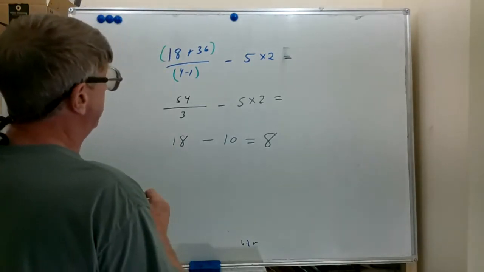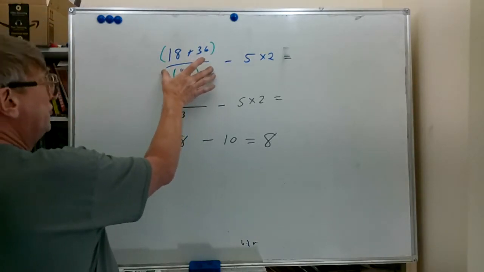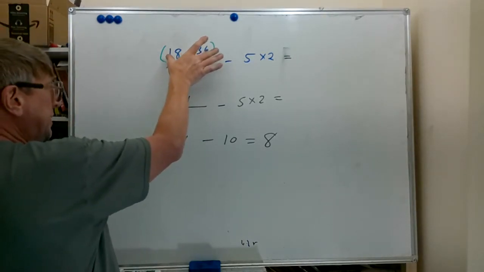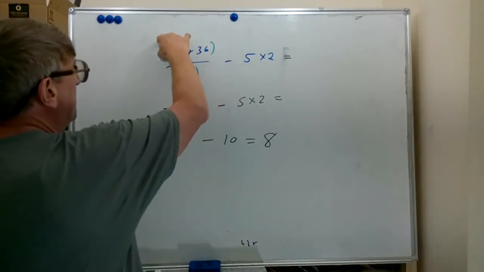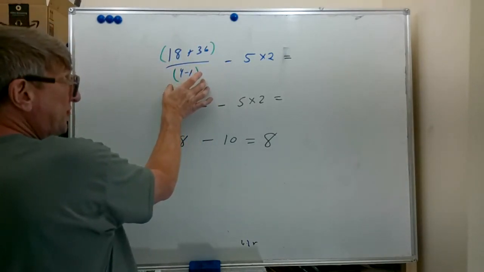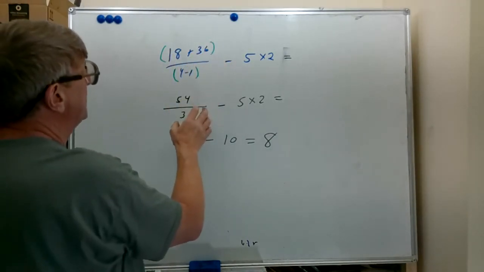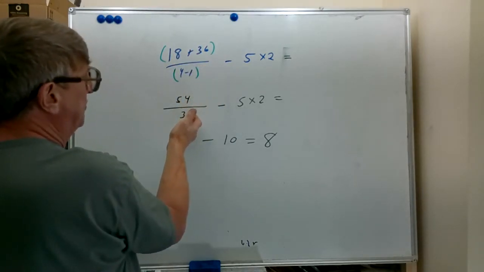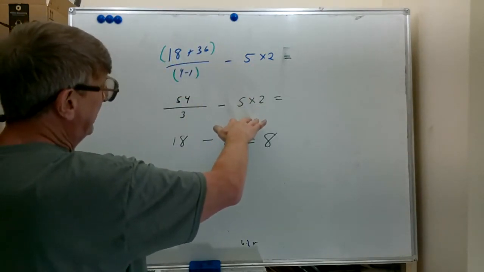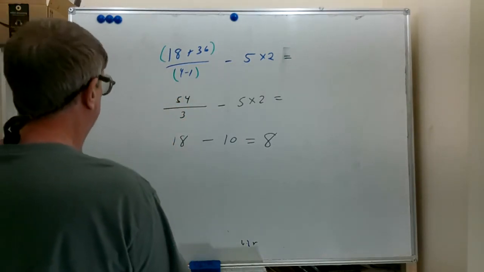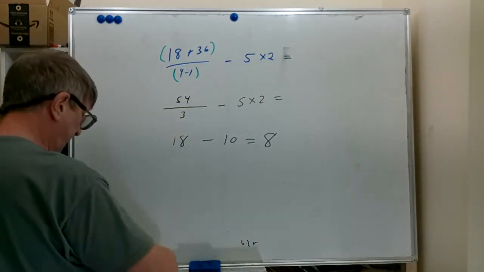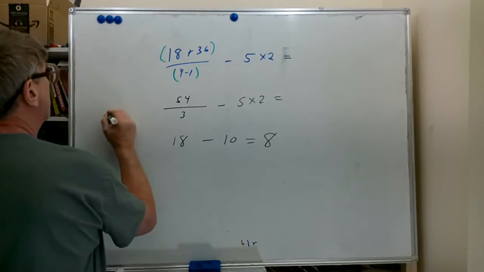So we took that thing, we used the fraction bar with implied parentheses, we drew them on there. They weren't there provided originally. We drew them in as a reminder. We did what was in the parentheses. Brought the problem back down. Now we did the division. I'm going to make a note here that says division so you can remember that.